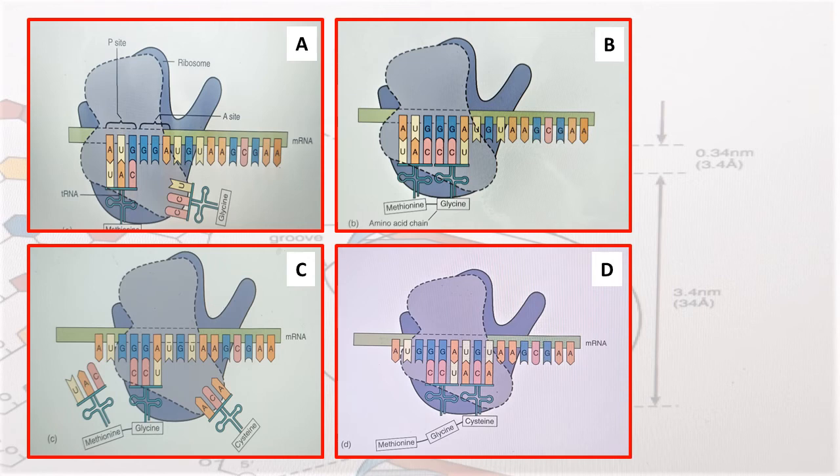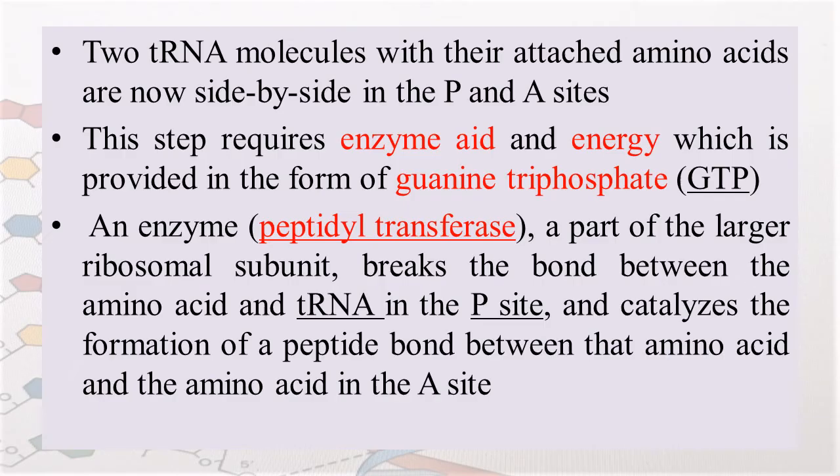The B diagram is indicating the 2 transfer RNAs, aligned side by side. This step requires enzyme aid, and energy is also required for this process, which is provided in the form of guanine triphosphate, abbreviated as GTP.